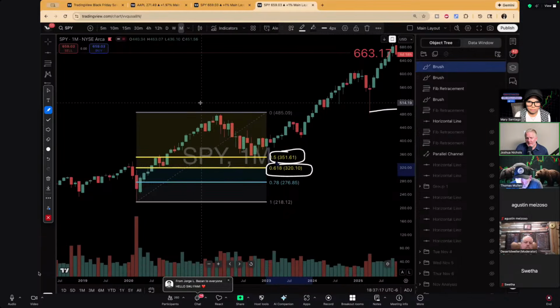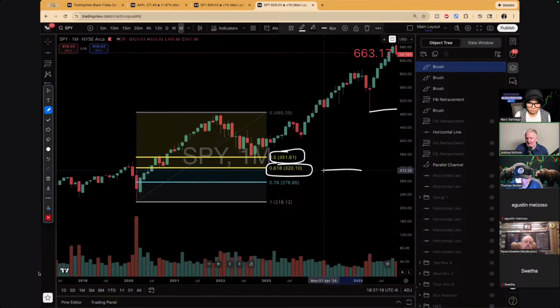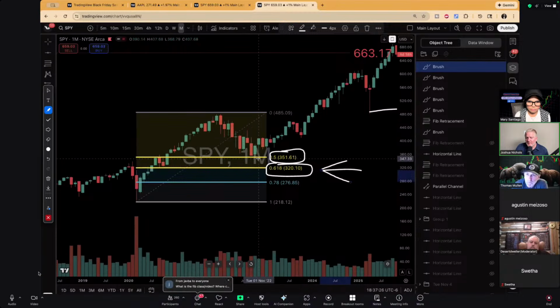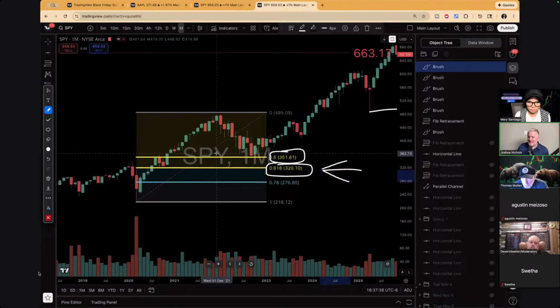Most people look at the 0.618 as a reversal, but the SPY on the monthly chart doesn't respect that. That's like the number one golden pocket zone. So if you're sitting here trying to get price to respect your theory on the fib without using the fib to find out how price relates to that indicator, you're trying to put the glove on the wrong hand, or the shoe on the wrong foot.